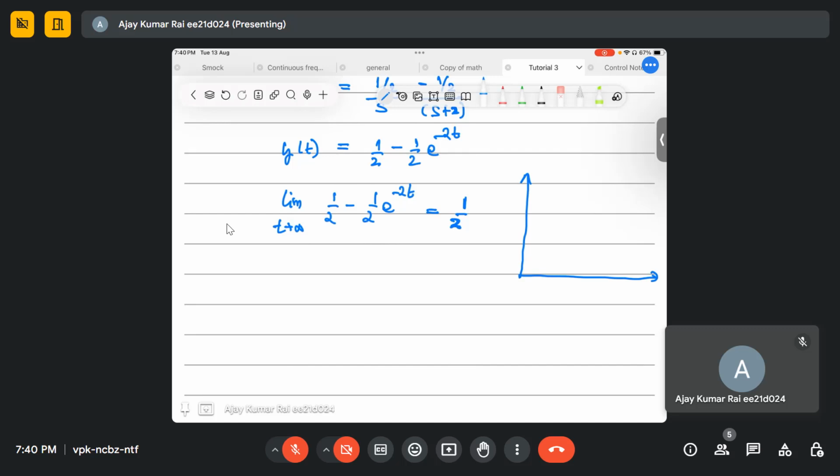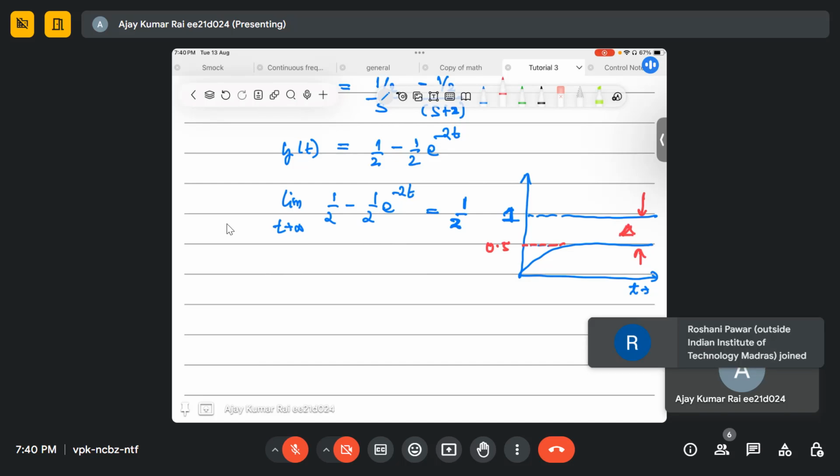Graphically also you can see. So this is 1, this is the input, right? And the output is reaching like this. This is t. Let me change the color. So this is 0.5. At t tending to infinity, you have to find out this difference.